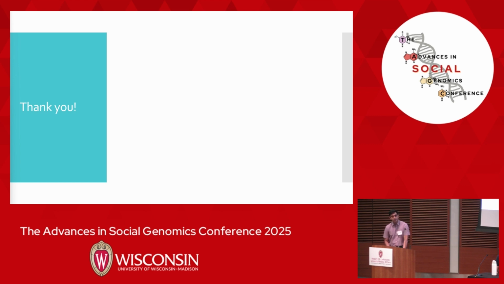Great presentation. My question is about the sibling design, where we control for not only the genetic similarity, but also the shared environmental effects, maybe due to genetic nurturing or purely environmental effects.